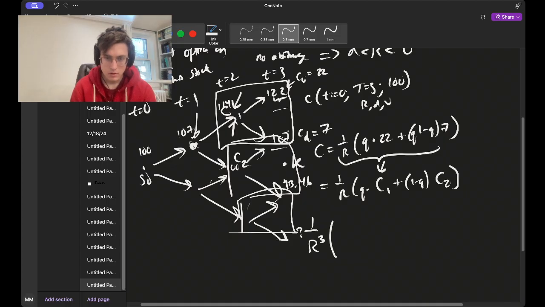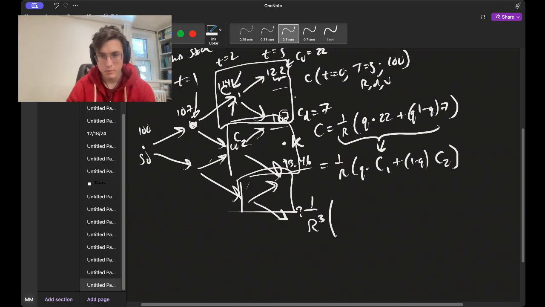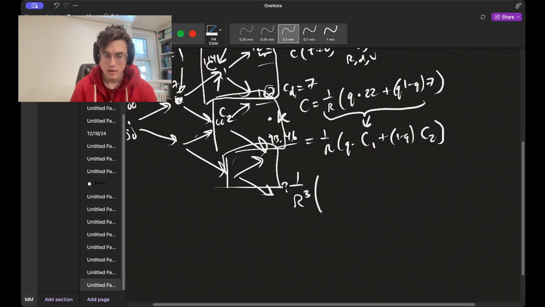There will be way more terms with a 7 and 93.4 that come from here and here than from the 122. It's hard to explain, but you might understand how that works out because of the binomial distribution and how we're grouping terms together. So ultimately, the Q's: here we have 1 Q, right? But when we plug it in here, this becomes Q squared, and then this one becomes Q times 1 minus Q.